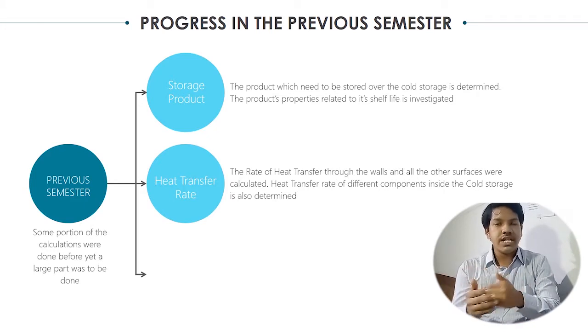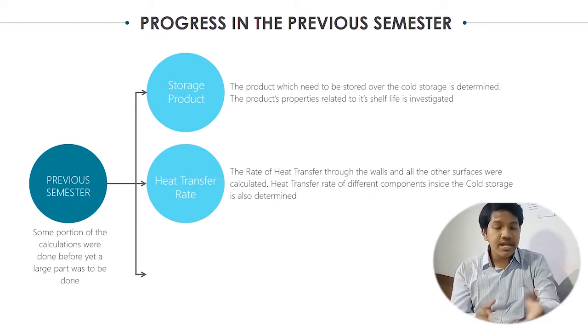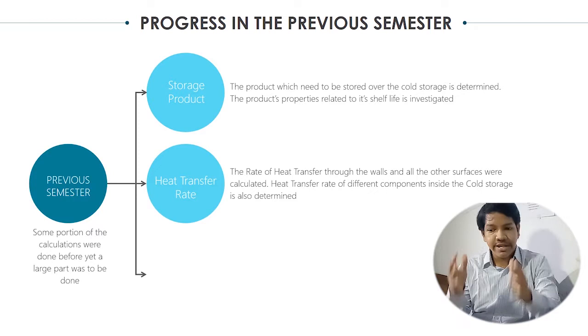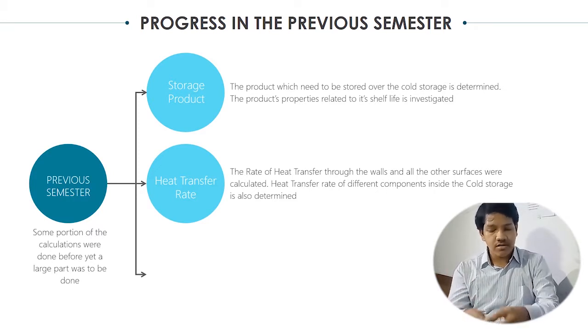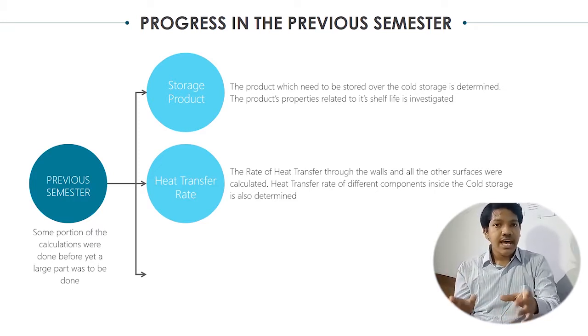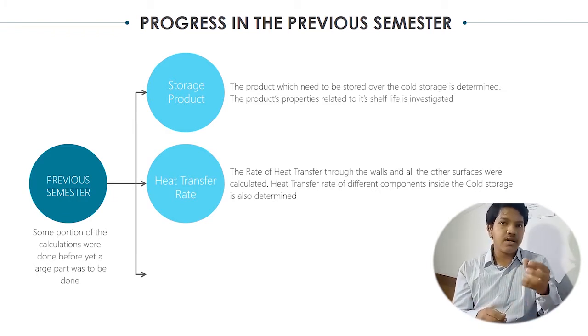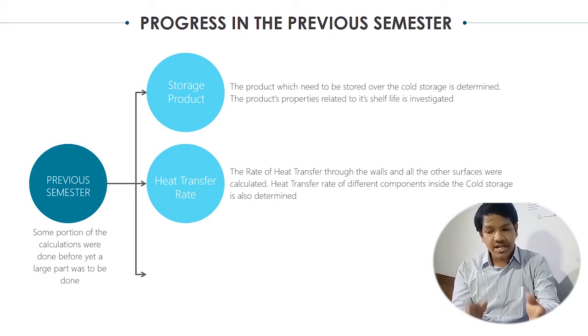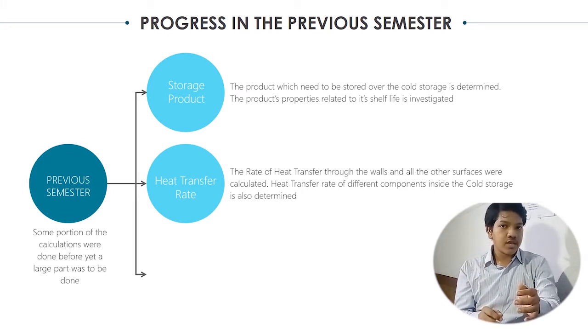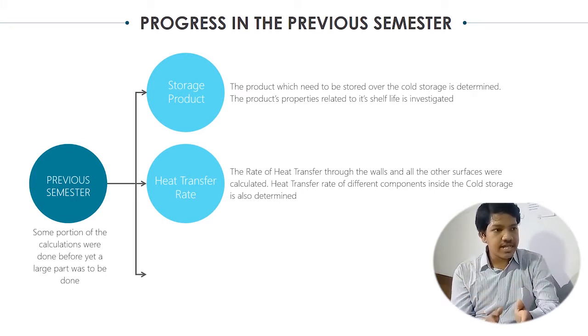From ceilings, walls, and all these ways there will be heat transfer, as well as heat transfer through bulbs, ceiling fans, and many other objects placed inside the facility. There will also be heat transfer through the grains, fruits or vegetables throughout the time that they are stored in the place. So it's a vital thing that we need to get the heat transfer rate.